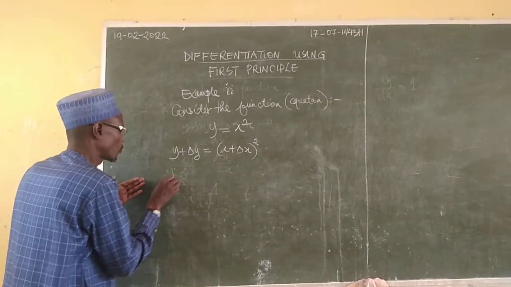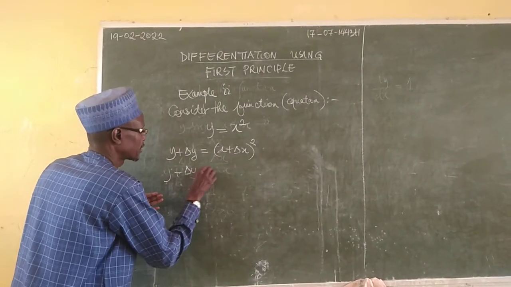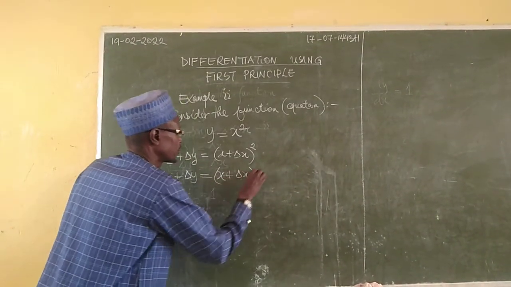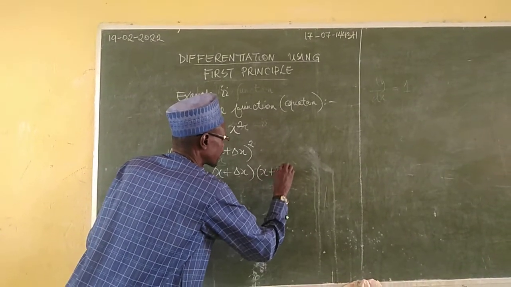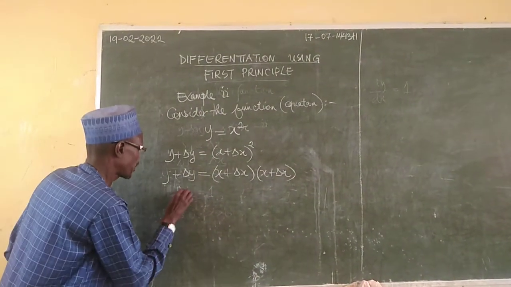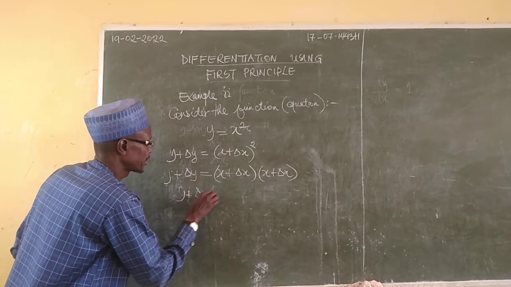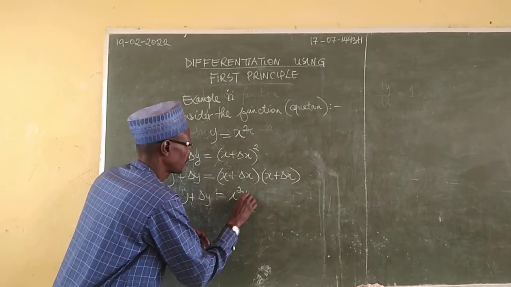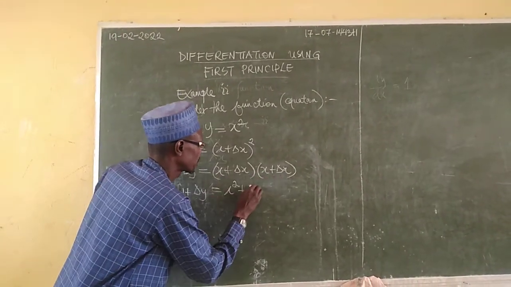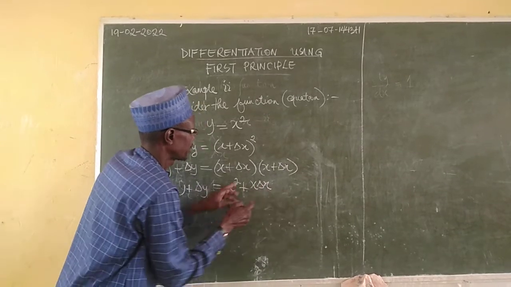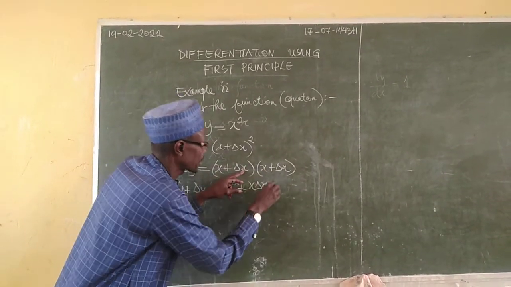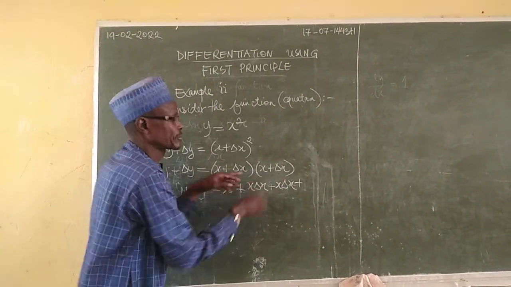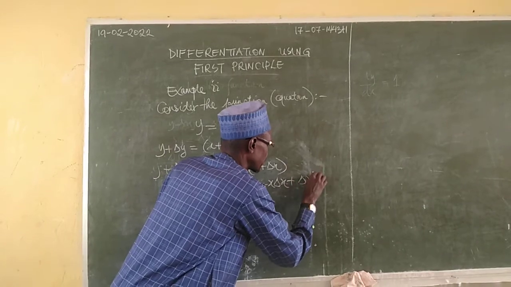So this one becomes y plus del y is equal to x plus del x into another x plus del x. Now we have y plus del y is equal to x times x, which is x squared, plus x times del x, which is x del x, then plus del x times x, another x del x, plus del x times del x, which is the same thing as del x squared.